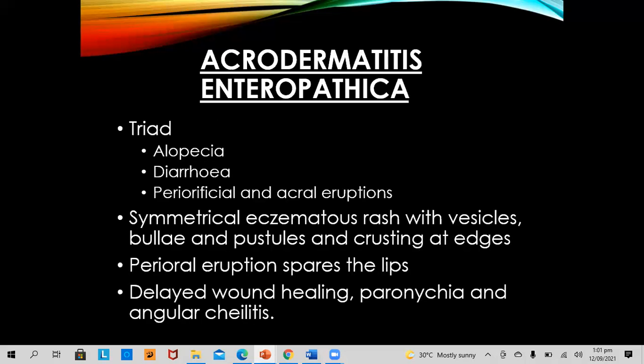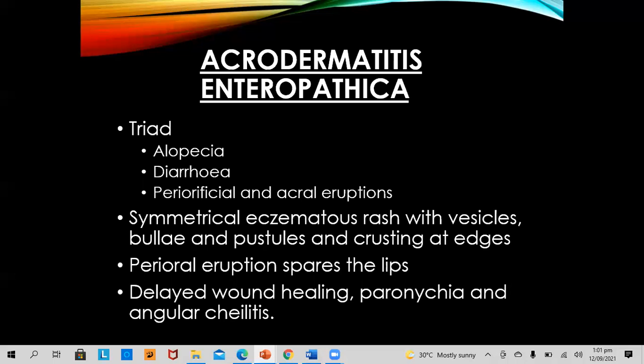Acrodermatitis enteropathica has a triad of presentation, which includes alopecia, diarrhea, and periorificial and acral eruptions. There is symmetrical eczematous rash with vesicles, bullae, and pustules, and crusting at edges. The rash is seen in oral area, but spares the lips, and also seen in perianal and perineal areas.